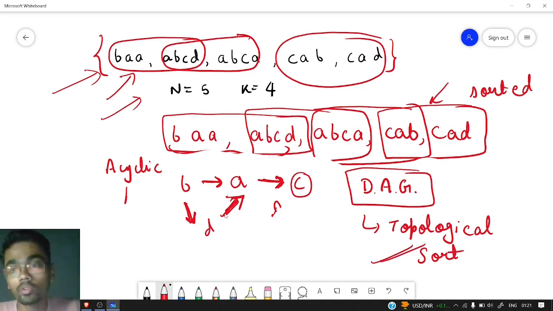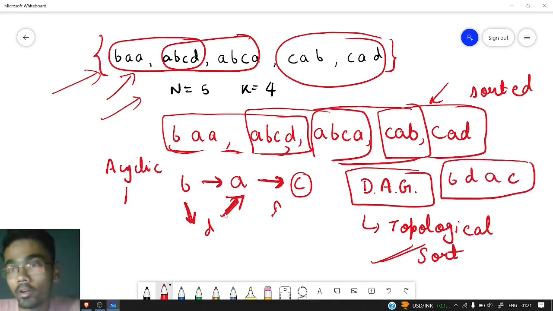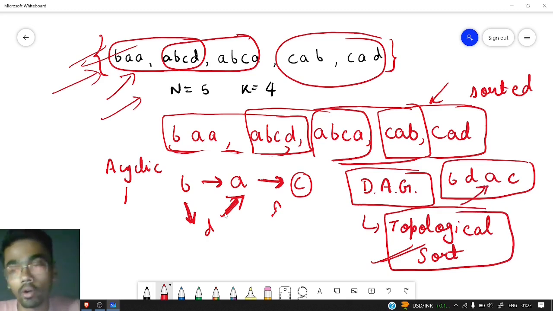We will use this topological sorting algorithm to find out the order of elements. Now what order of elements? We have discussed that B, D, A, C was one valid order of elements for this particular test case. So similarly, by using topological sort, we can figure out the valid order of elements in our alien dictionary.